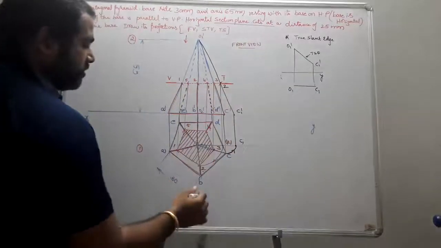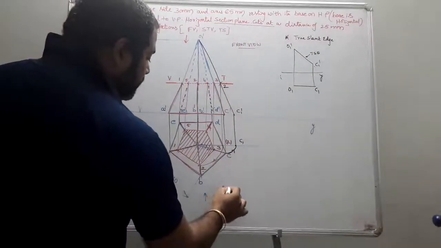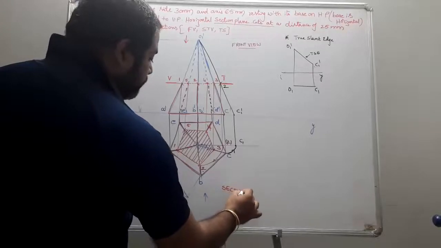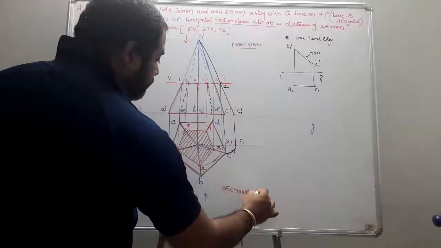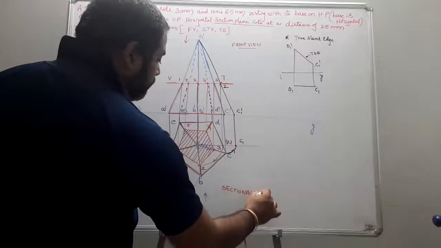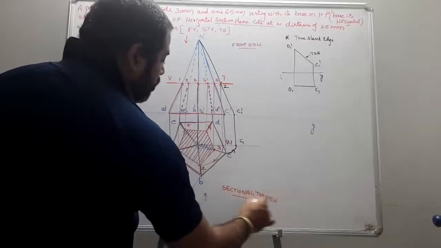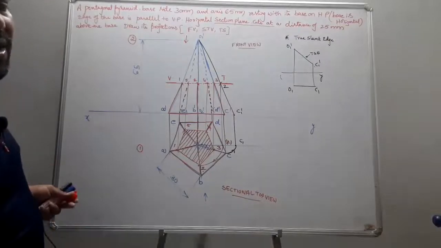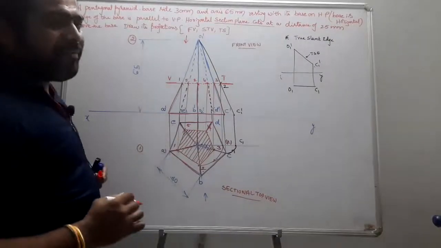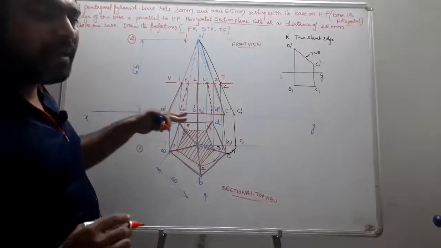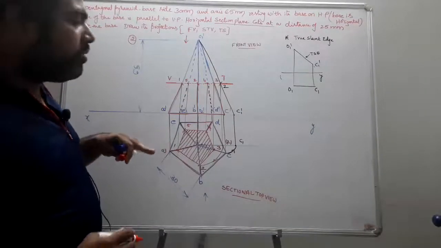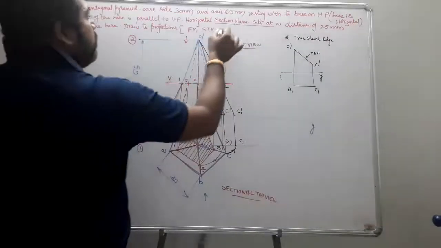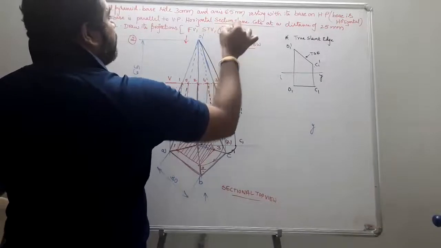So this becomes your sectional top view, and there is no true shape. There is no need to draw the true shape for this kind of problems when your cutting plane is parallel to the base. Why?